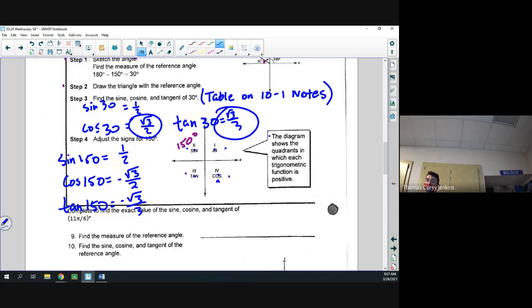If all you were doing was finding these trig functions, this process would work fine. But the homework asks things like, what angle is going to give you a cosine of negative square root of 3 over 2? This process doesn't really work for that.